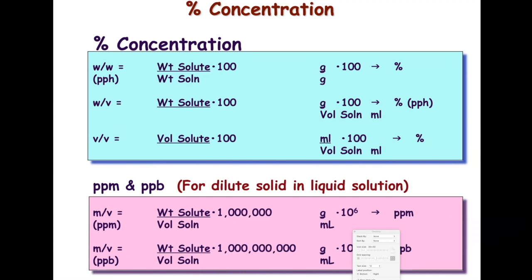The reason we use ppm and ppb is because when the concentration is so low and you have many zeros in your percent, like 0.00012%, a lot of people would just dismiss it and say that's practically nothing, when indeed it could be important if it's a contaminant or a poison.